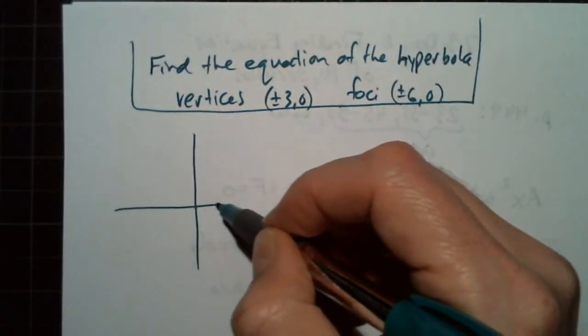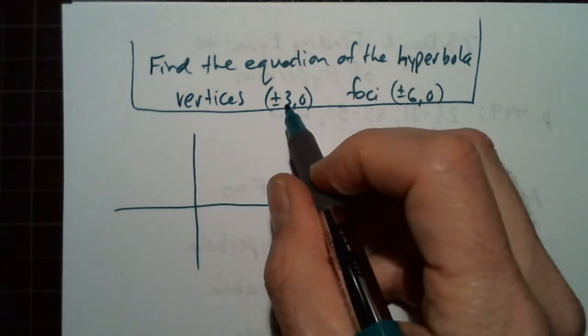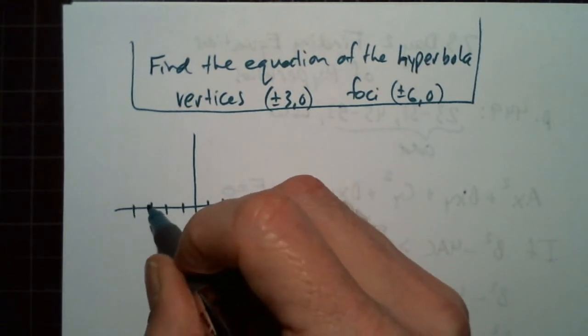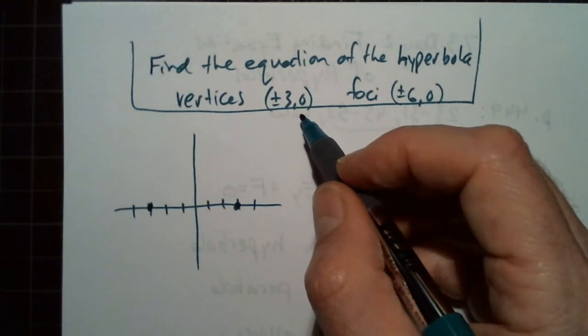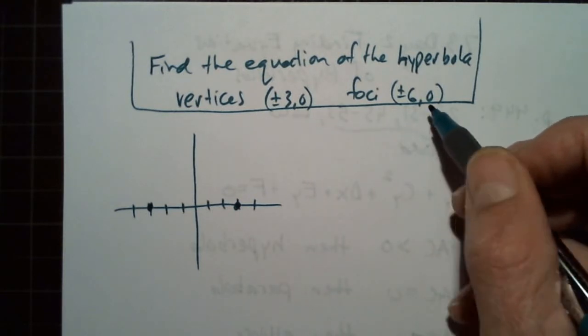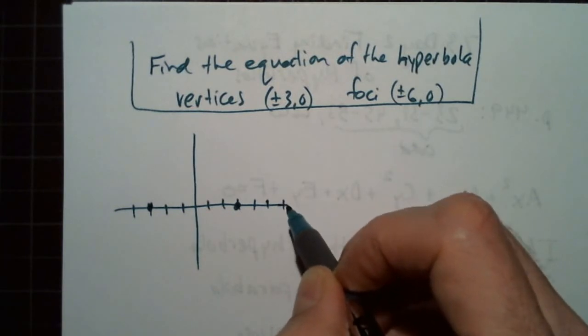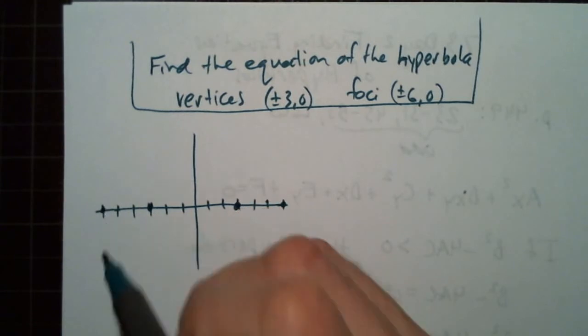Start by graphing, and we're going to do positive 3, 0, negative 3, 0. Those are the vertices, and the foci will be 4, 5, 6, and 4, 5, 6.